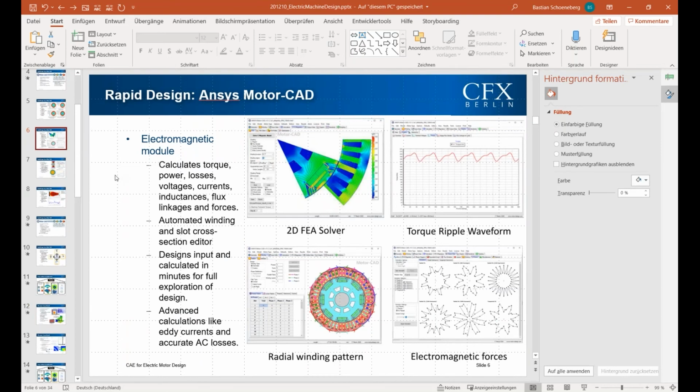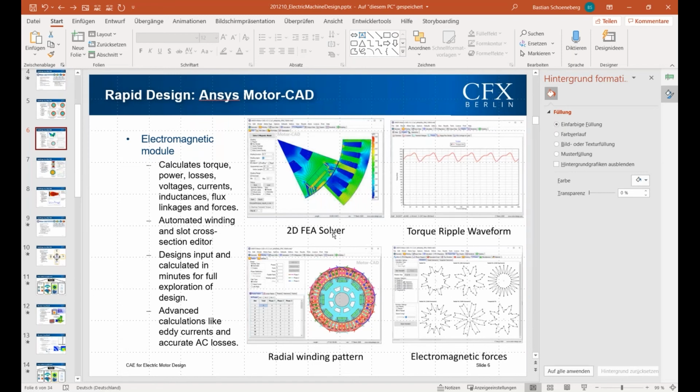Yeah, those eddy losses are actually calculated using the 2D FEA solver. Typically, we assume that we have harmonic fields, and based on this harmonic assumption, we calculate the eddy current losses in the conducting regions.